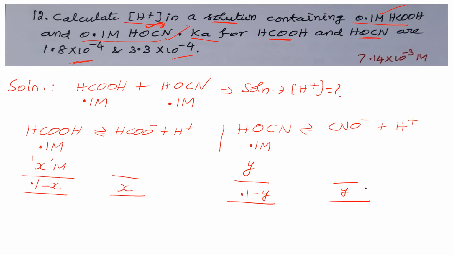Now what is the concentration of H plus in the resultant solution? In this solution, formic acid is giving H plus, and cyanic acid is also giving H plus. Formic acid gives X molar H plus, and cyanic acid gives Y molar H plus.